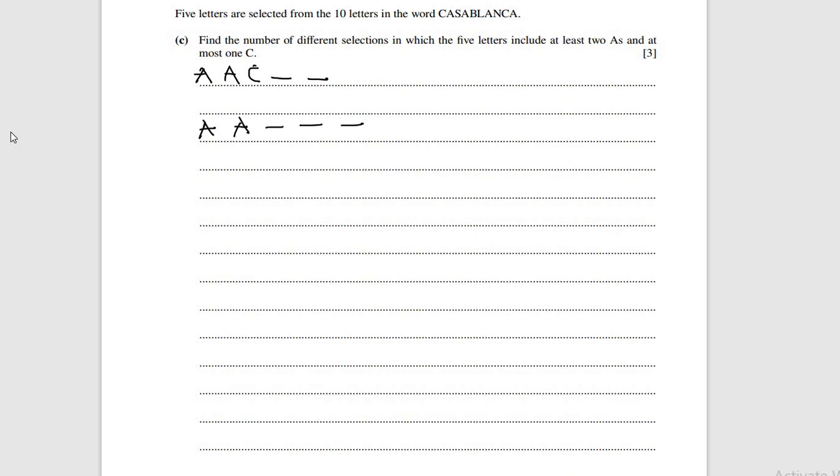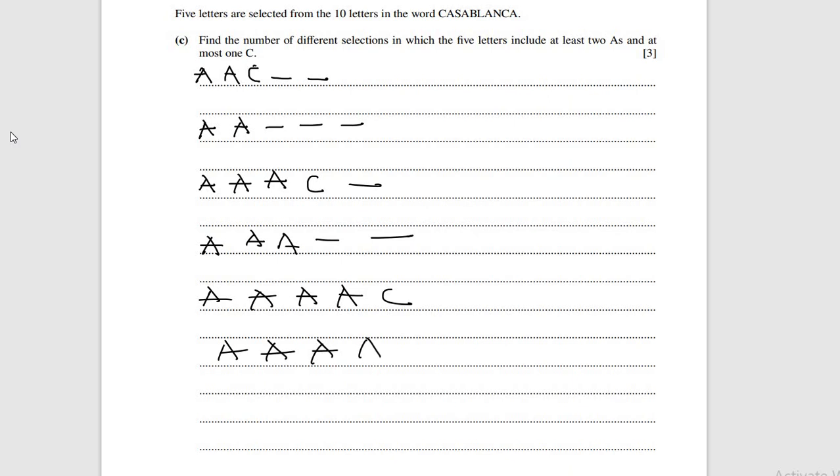Now since A can be more than 2, it can be 3 A's, at most 1 C, 1 space left. And it can be 4 A's. It can be 3 A's and no C. It can also be 4 A's and 1 C. And it can also be 4 A's and no C. That's the meaning.